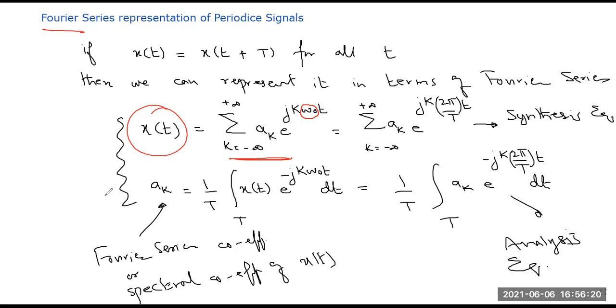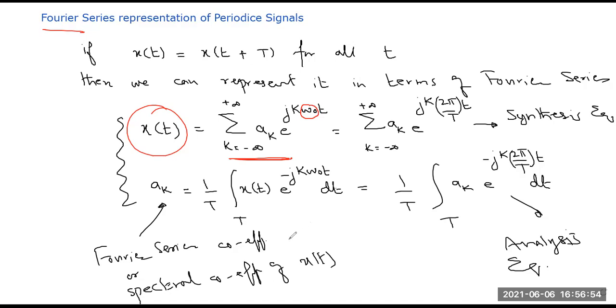There are some signals which are periodic, but they don't have Fourier series. But those signals are just mathematical signals. We usually don't encounter such signals in practical systems. So all we can say now is that in continuous time, all realizable periodic signals have Fourier series.